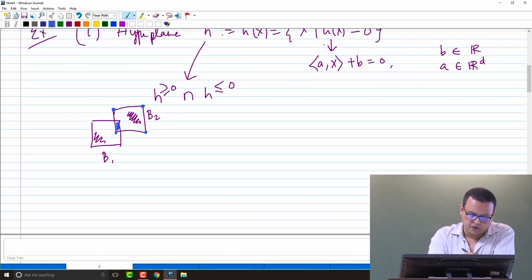The box is present, the vertices are present, the edges are present. Similarly for B2 also, the vertices are present, the edges are present, and the box B2 is also present. Is this collection a cell complex? It is not, because the intersection is not in your collection.